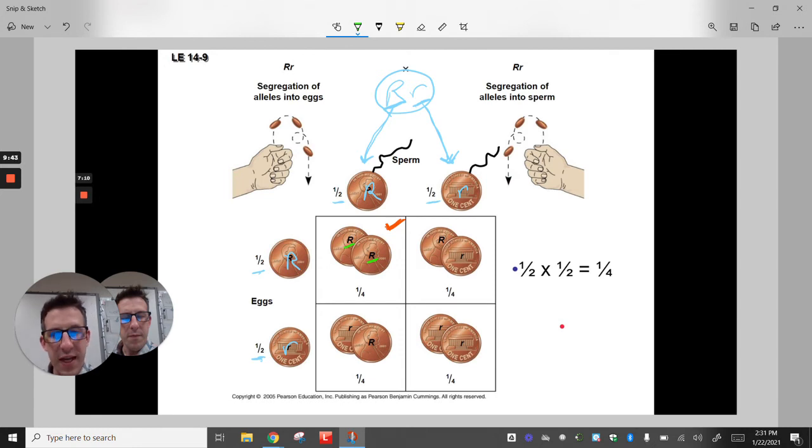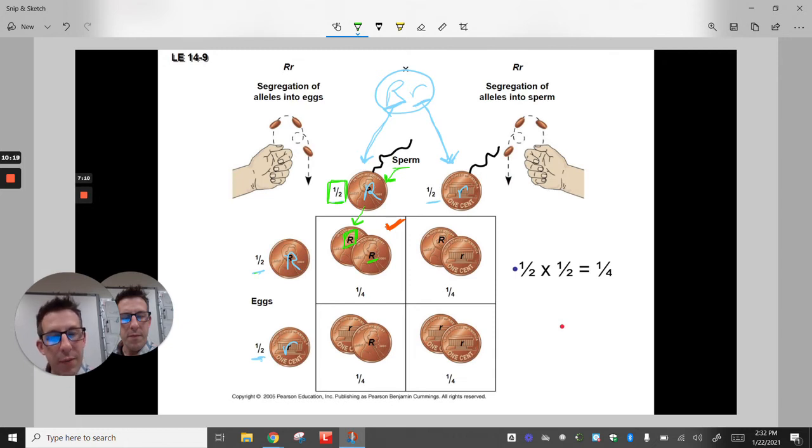In this case, we aren't sure if this sperm right here is going to be a big R or a little r. We don't have any certainty, but we have a probability. The probability that this sperm is going to have a big R in it is 1/2 or 50%. And so we can say, if that 50% chance actually happens, then the big R from dad will be represented right here in the baby.